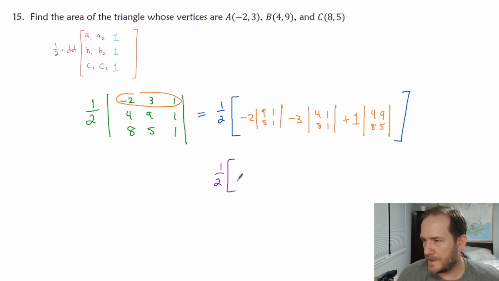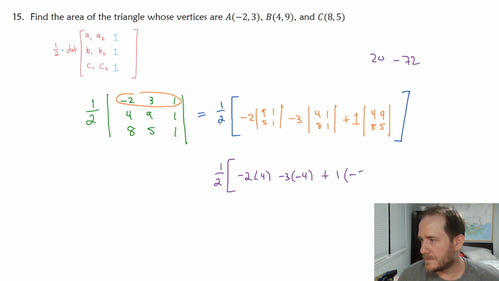So what do we got going on in here? -2 times 9 minus 5, which is 4, minus 3 times 4 minus 8, which is -4, plus 1 times 20 minus 72, okay, that's a rough one. -52?